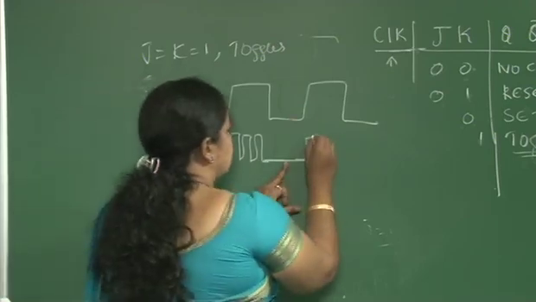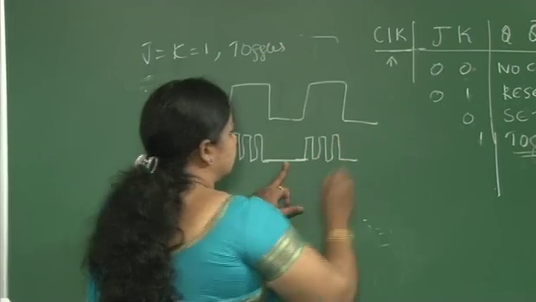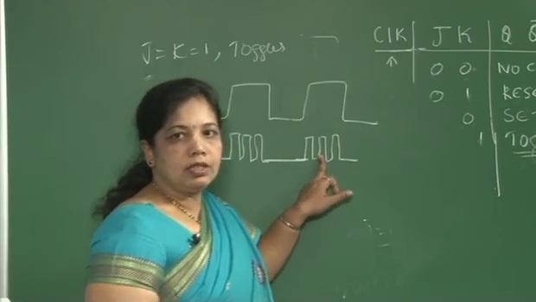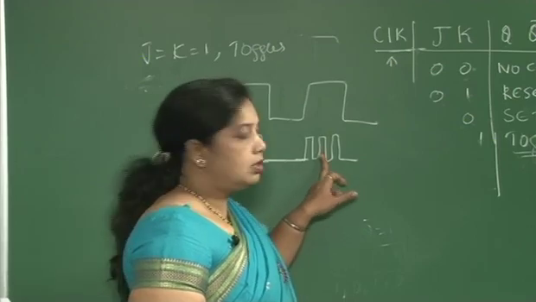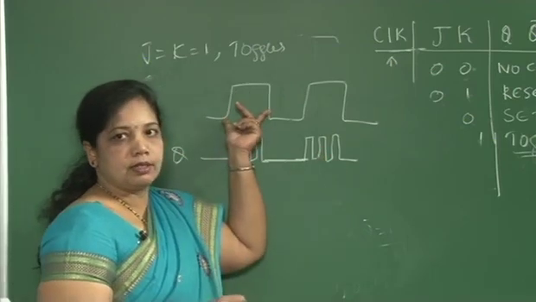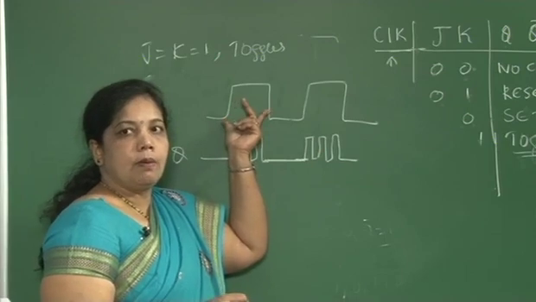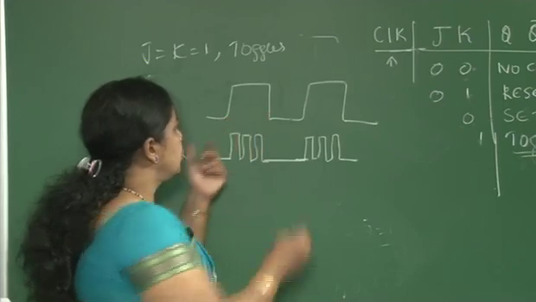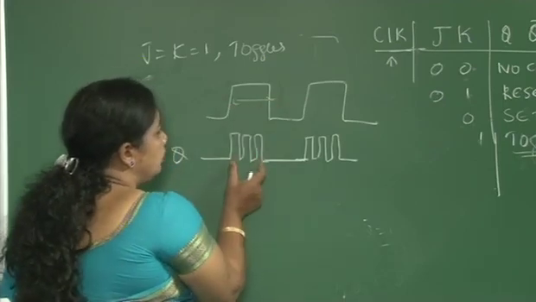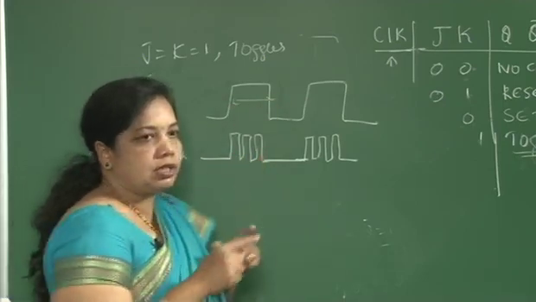At the next clock pulse, it toggles. So this is nothing but race around condition. Since the clock pulse is longer than the propagation delay, within one clock pulse it switches multiple times.